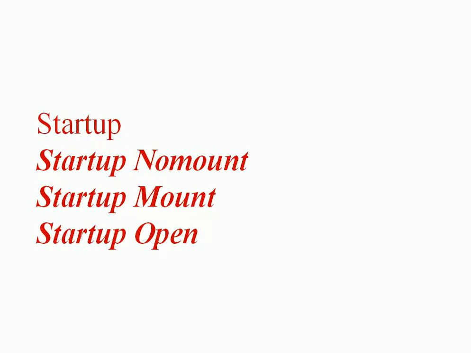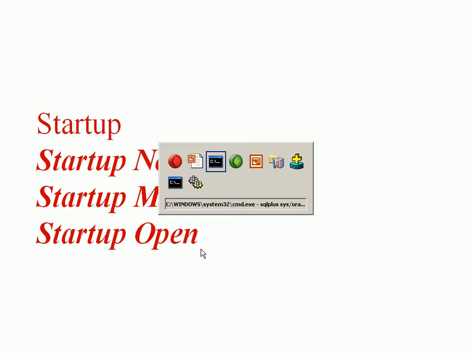In the mount state, it accesses the control file and checks whether all the data files and redo log files are present, that the file structure has not been changed, and then it opens the database. So the three states are the nomount state, the mount state, and then the open state.